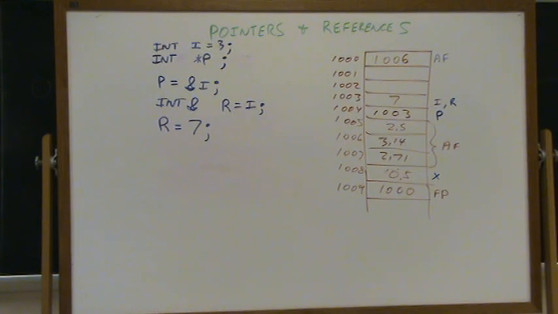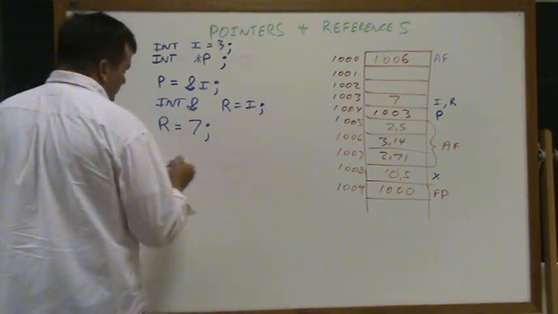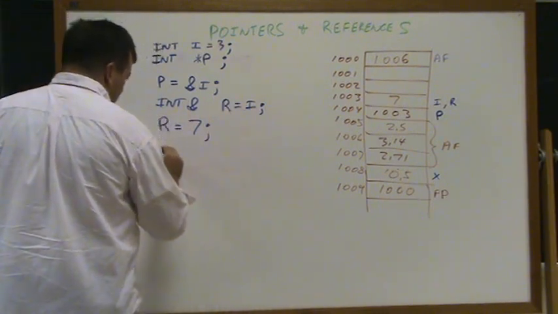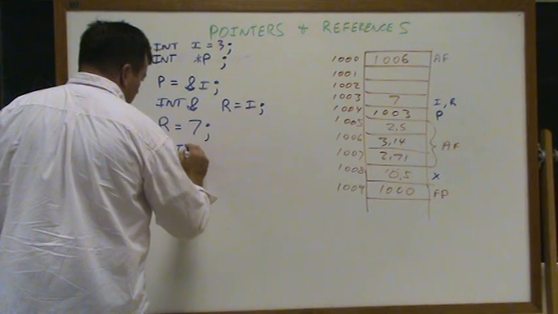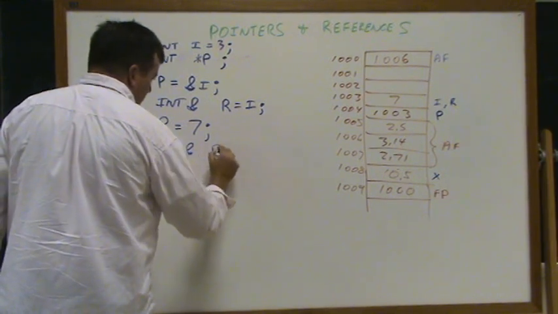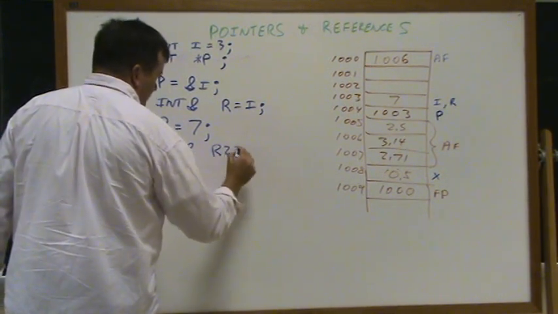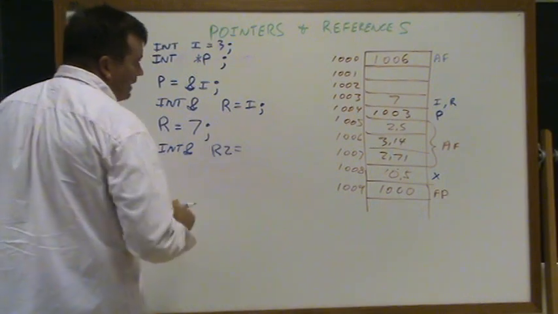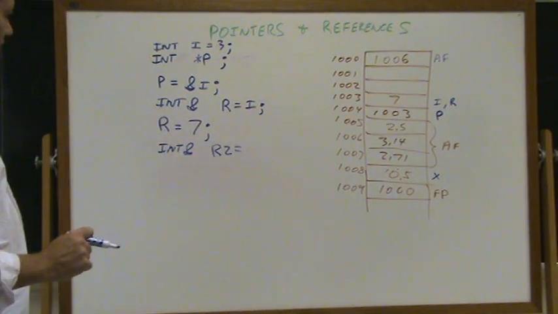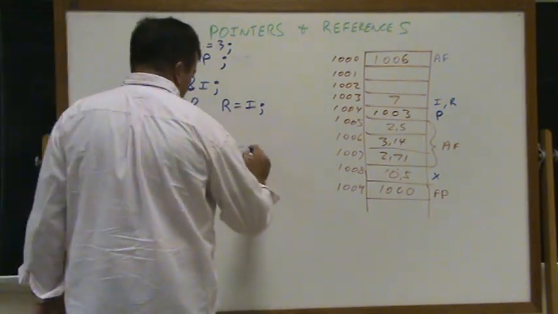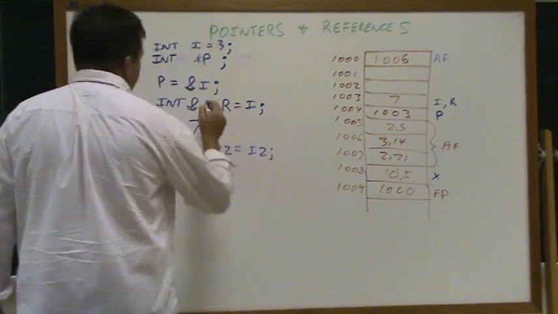So, for example, let's say we had another integer reference, R2 equals, we don't have anywhere else to put it, let's say I2. We had a second I.